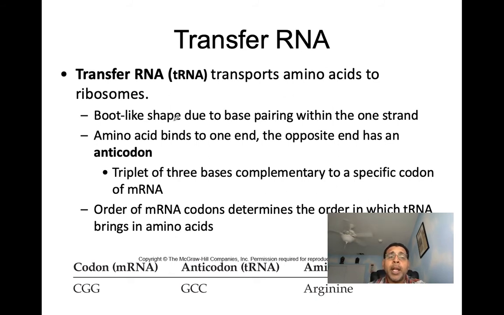So when we talk tRNA, tRNA has a boot-like shape to its structure. One end is going to be the end that contains a specific amino acid, and the other end will be the anticodon end, where it's going to have a triplet of 3 bases complementary to a specific codon of mRNA.